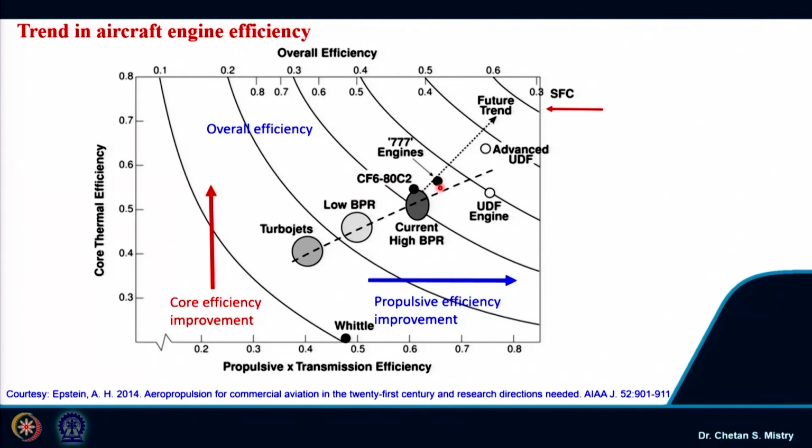And here are the important developments in advanced unducted fan and unducted fan engines, where the propulsive efficiency is very high, and at the same time the overall efficiency is also improved.